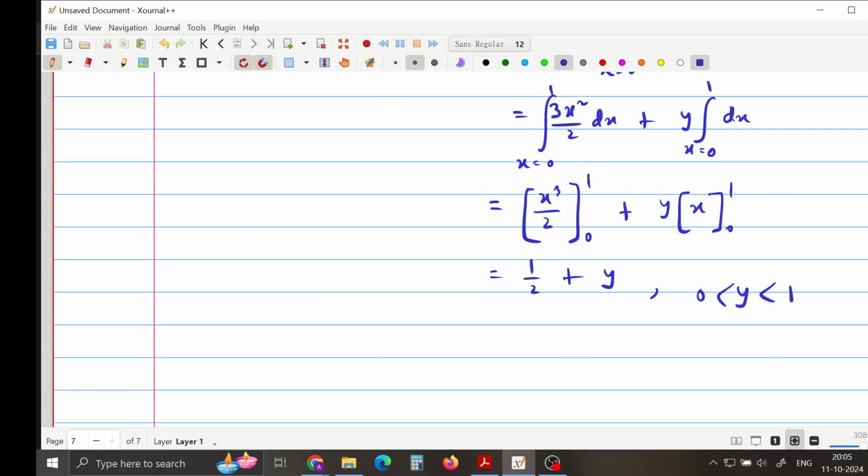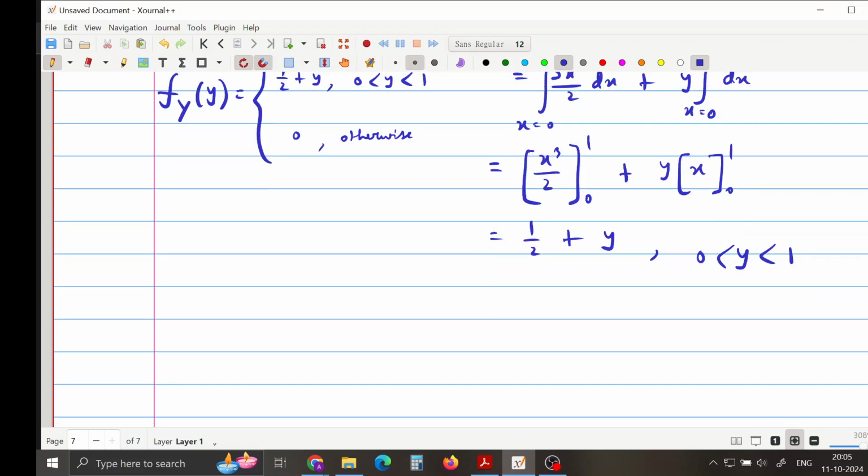Similarly for y, the marginal PDF is half plus y whenever y lies within 0 to 1 and 0 otherwise. Okay, now we will find the expectations.